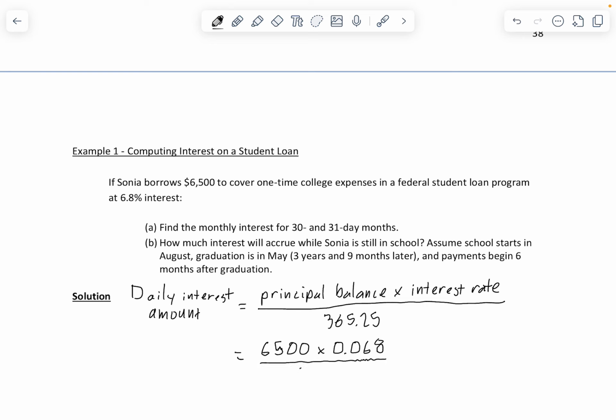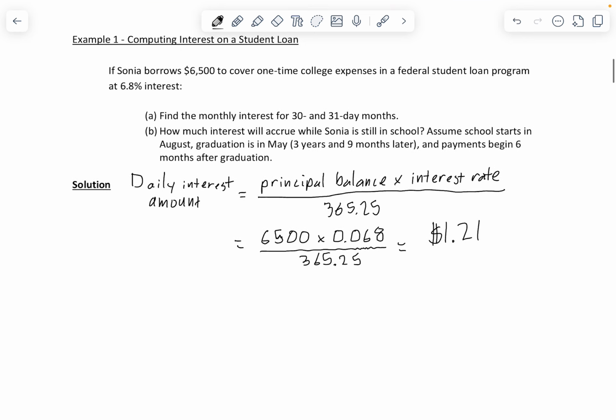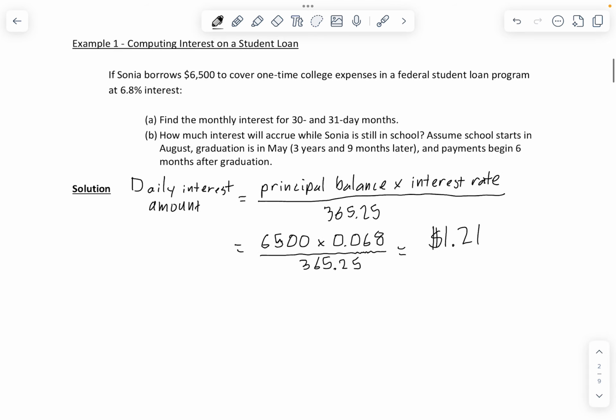Divide that by 365.25 to get a daily interest amount of $1.21. Okay, so for a 30-day month, let's do those calculations down here. Let's see, 30-day.